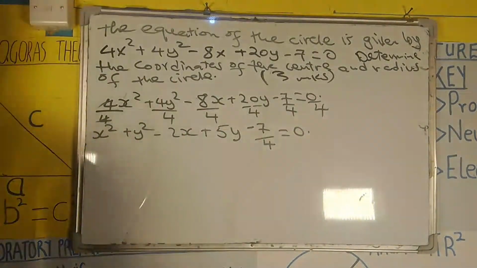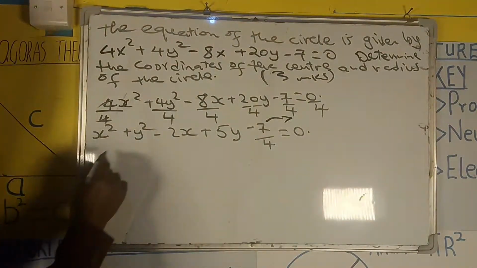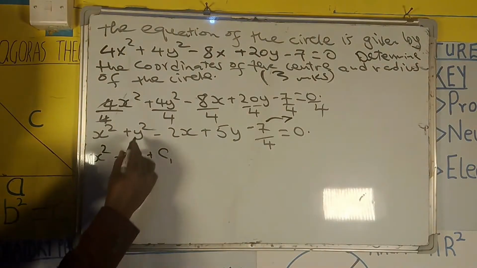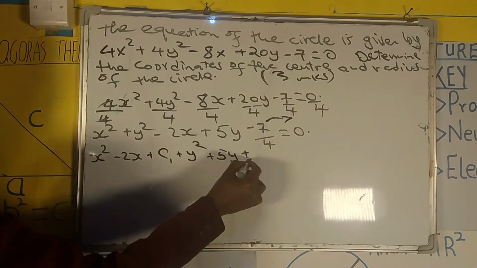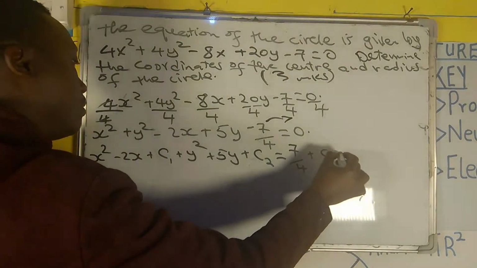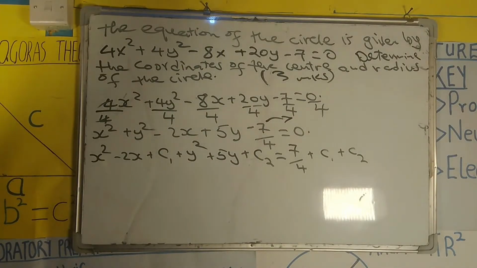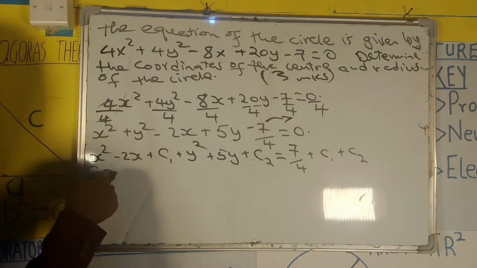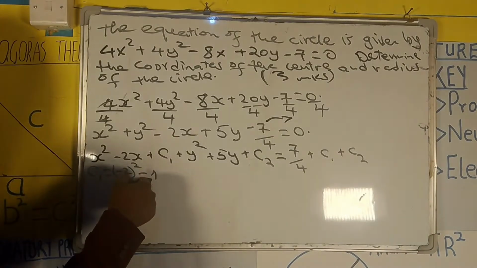Ukipata hivyo, sasa uweke like terms pamoja. Hii itaenda huko. So ikuwe x squared minus 2x plus c1 plus y squared plus 5y plus c2 is equal to 7 over 4 plus c1 plus c2. Itakuwa hivyo. So c1 tumesema ni b squared, minus 2 squared is 4 divided by 4 which will give us 1.